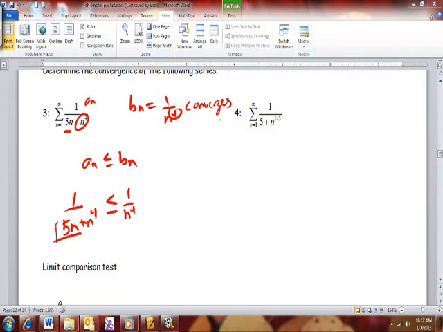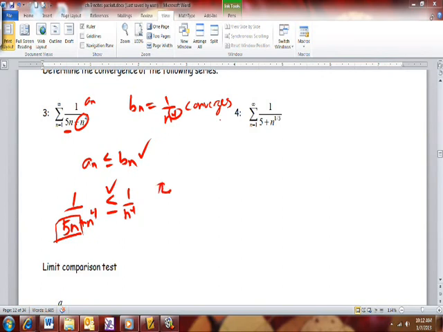N's a positive whole number, so if I divide by an extra 5n in the bottom, that's going to cut the number down smaller, smaller, smaller, and make it smaller than 1 over n to the 4th. So this is verified. It's true. You could do the whole cross multiplication thing and get rid of n to the 4th if you'd like to, but logically I can see that this works.